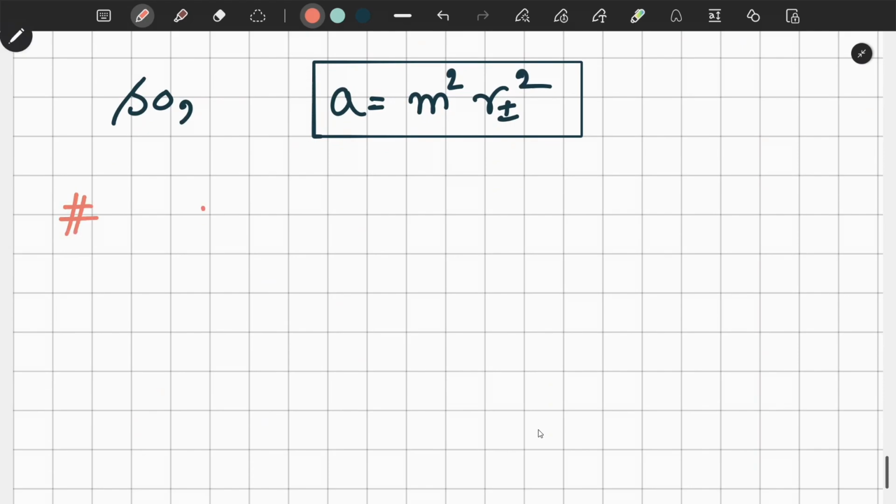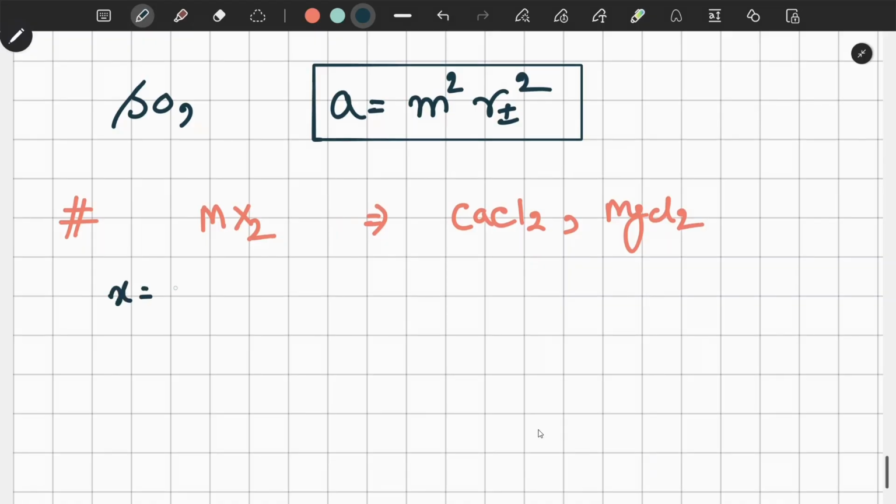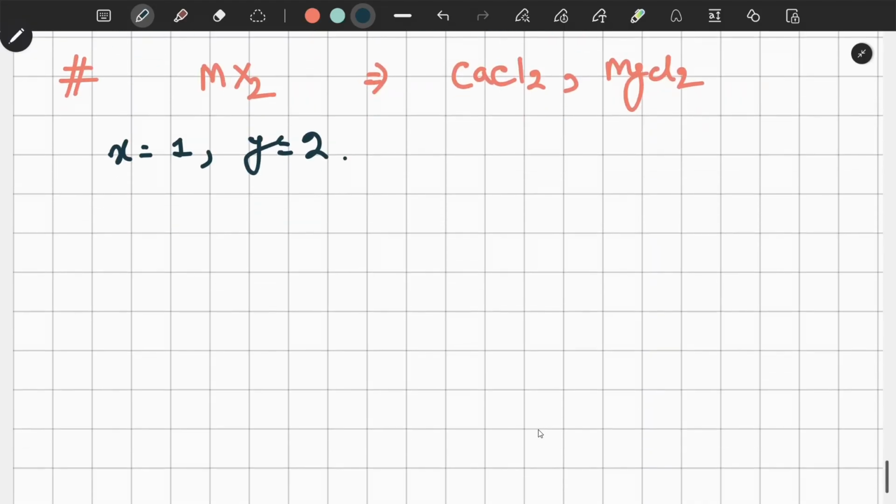Next is MX2. What are the examples? CaCl2, MgCl2. So what is small x? x is 1, y is now 2. So what will be our m plus-minus now? This will be 1 to the power 1, 2 to the power 2, to the power 1 by 3, times m.